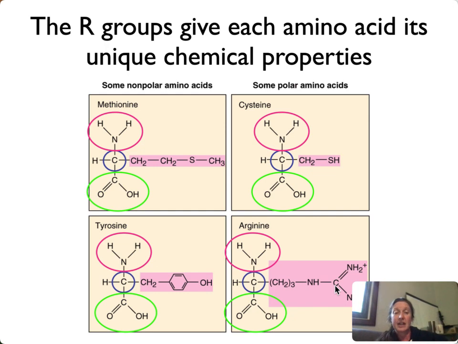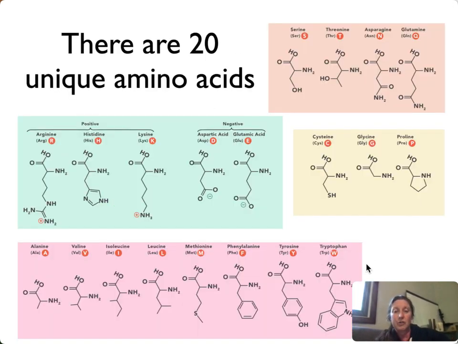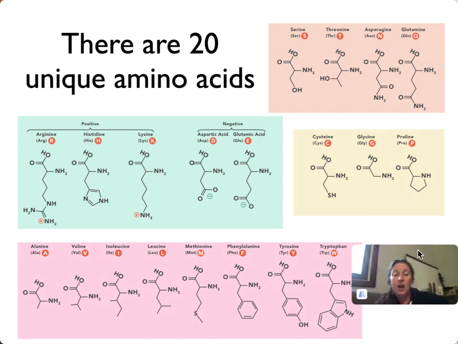Now, there are other chemical properties that R groups can give an amino acid. We're not going to go into all of those, but if you ever take a biochemistry class, you will undoubtedly look at these properties. This is the 20 amino acids that we use in our body to make all of our proteins.